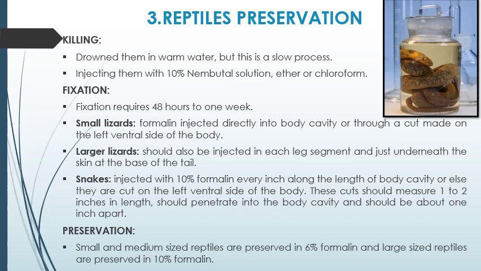Snakes are injected with 10% formalin every inch along the length of the body cavity, or else they are cut on the left ventral side of the body. These cuts should measure 1 to 2 inches in length, should penetrate into the body cavity and should be about 1 inch apart. So here different methods are described for the fixation of reptiles.